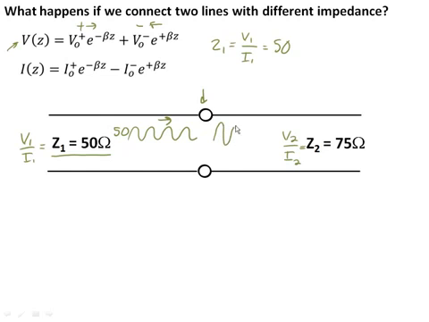Naively, one might say, okay, we know that Z2 is equal to V2 over I2 is equal to 75. The current is just going to keep going, so let's have a wave here with a voltage of 75. And this doesn't make sense at all, because all of a sudden we added half again to the voltage. We just violated conservation of energy, which would be a really good thing, because we could power the whole world on joint transmission lines if this really happened, but it doesn't.